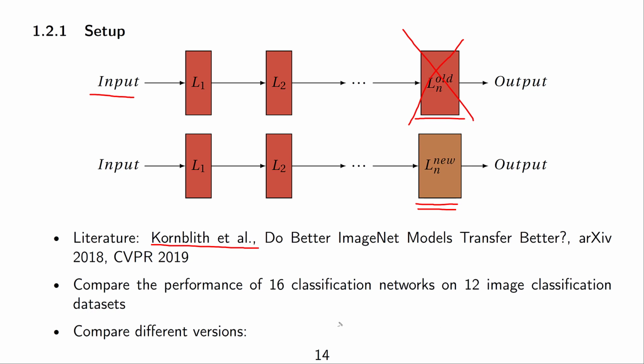This paper compares the performance of 16 different classification networks on 12 different image classification datasets. There are multiple different versions, in particular 3 versions of transfer learning that the paper looks at.